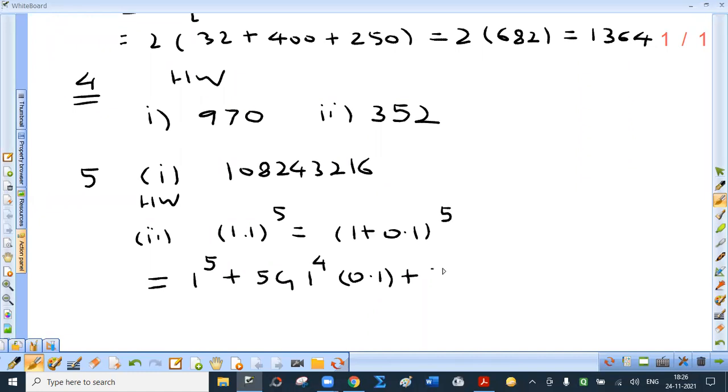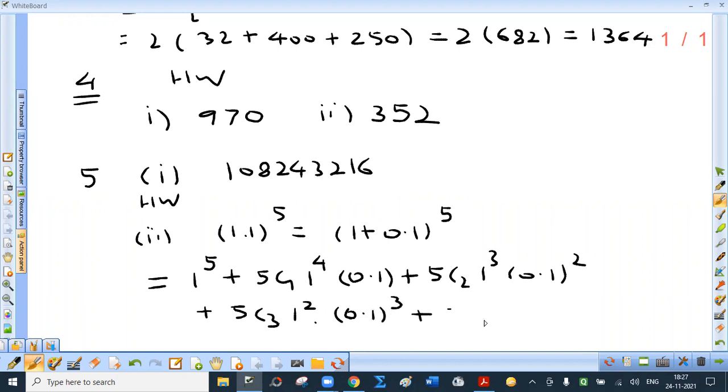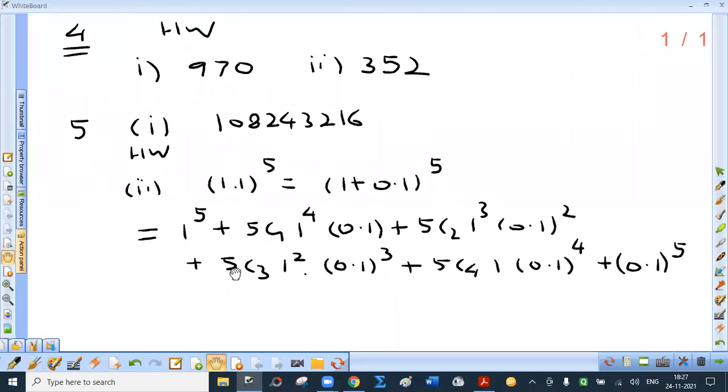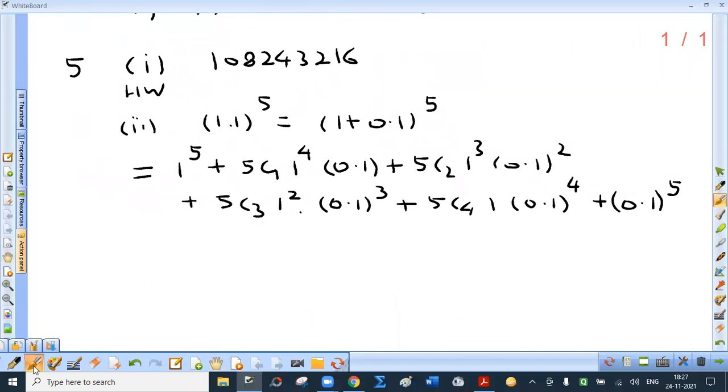Plus 5C2 1 cube into 0.1 square, 5C3 1 square into 0.1 cube, plus 5C4 1 into 0.1 raised to 4 plus 0.1 raised to 5. Now do not obtain values of binomial coefficients orally. You are supposed to show the calculations.